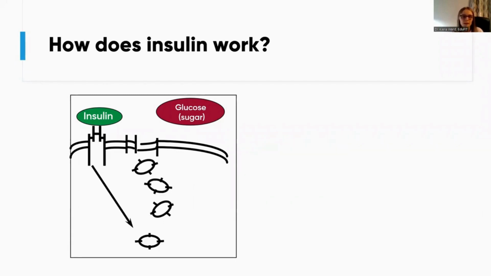When insulin binds to the receptor, it signals for those glucose transporters to move towards the lining of the cell, or the cell surface, to bring that glucose into the cell. This helps to reduce glucose levels in the bloodstream and keep blood glucose in the normal range. So it brings it in for our cells to use.